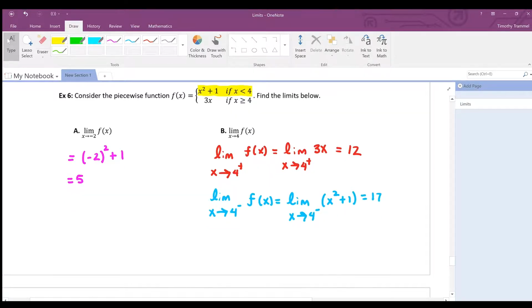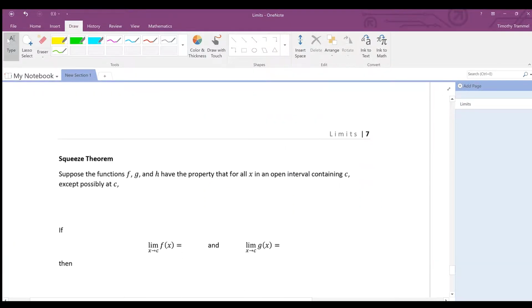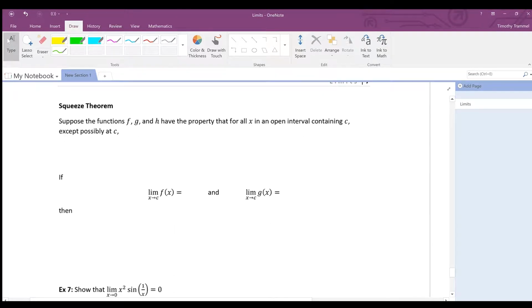This puts us on to our last topic, the squeeze theorem, which the name is actually going to make sense here in a second because we're going to see that we're going to have some functions that are kind of squeezed together or sandwiched together. Here's the inequality that we want, our compound inequality. We have some function h, which is sandwiched between f and g.